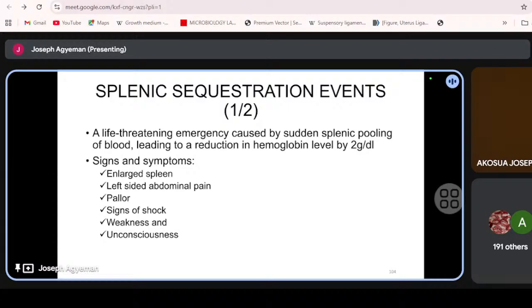Remember, decreasing it doesn't mean that you are shutting the whole thing down. So don't be thinking along that way. You decrease it to a certain level for a certain purpose. And that is what I'm asking. So can somebody tell us why this role of hydroxyurea is also important in the management of SCD?